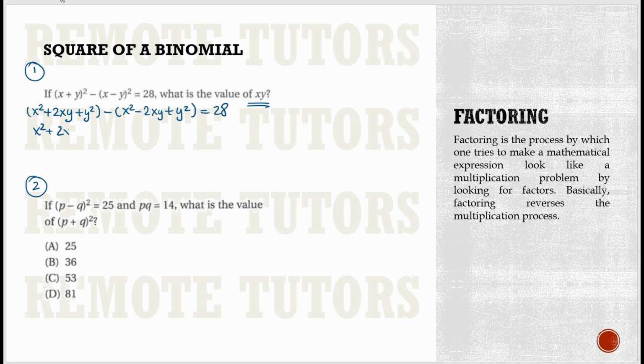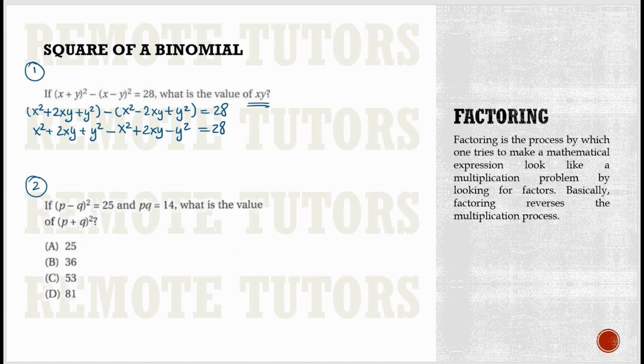X squared plus 2xy plus y squared minus, we have to distribute the negative sign, so that's minus x squared plus 2xy minus y squared equals 28.